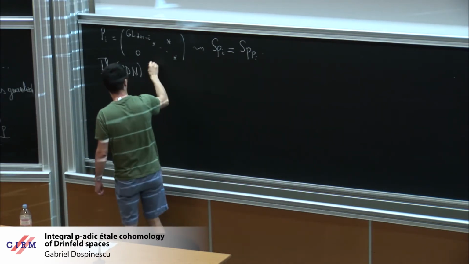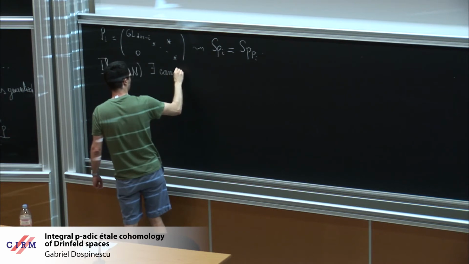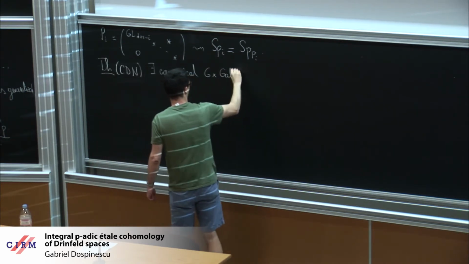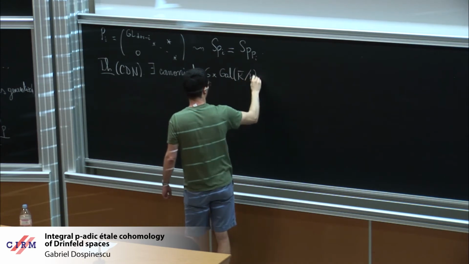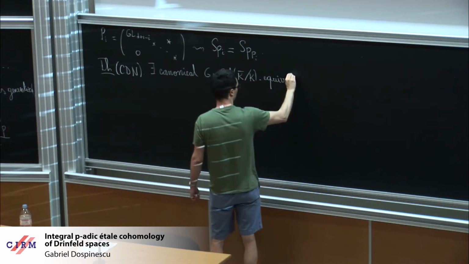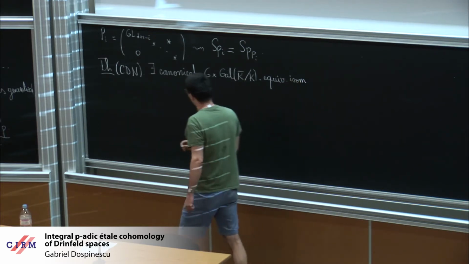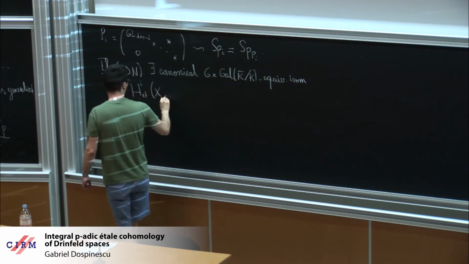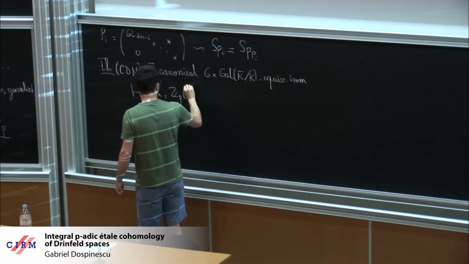There is a canonical G = Galois group of K-bar over K equivariant isomorphism between, on the one hand, H^i_et of X, Z_p twisted by i.